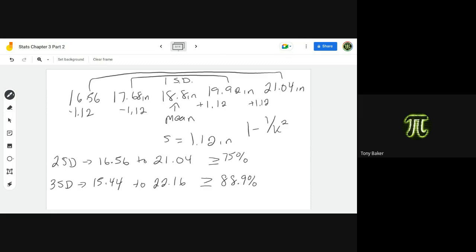The nice thing about 9s is it's always repeating whatever number is on top. So 7/9 is 0.7777. 6/9 is 0.6666. Whatever is on top of the 9s just keeps repeating itself. So within 3 standard deviations, we have almost 90% of all men that would fall into that range. That's what standard deviation tells us.